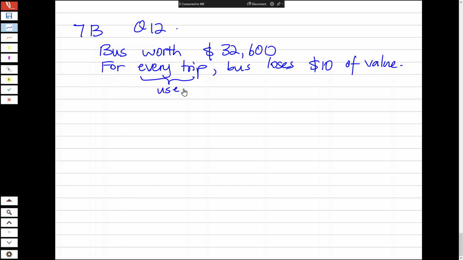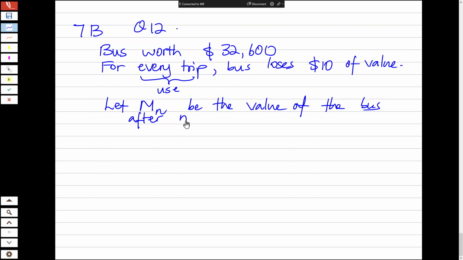After n uses, it's going to go down by some amount. So we're going to say let V subscript n be the value of the bus after n trips, or uses as it might be called elsewhere.